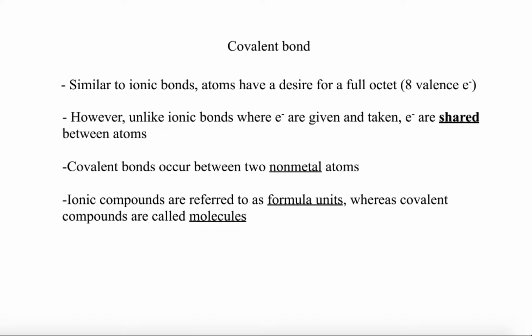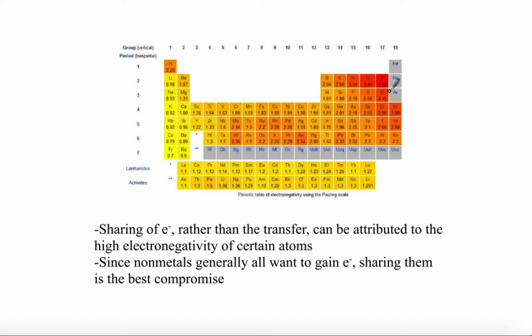So going back to the electrons being shared, let's take a look at our electronegativity table. We know that elements on the left side of the table have a low electronegativity, meaning that they don't really want electrons, whereas elements on the right-hand side have a higher electronegativity, so they really want to gain electrons. They have that higher desire.